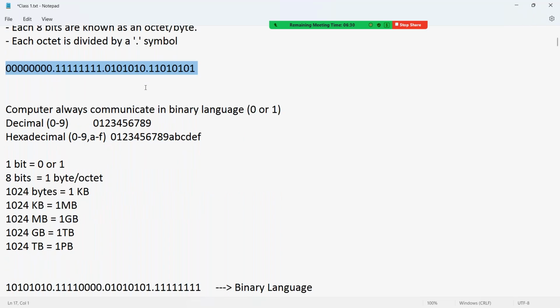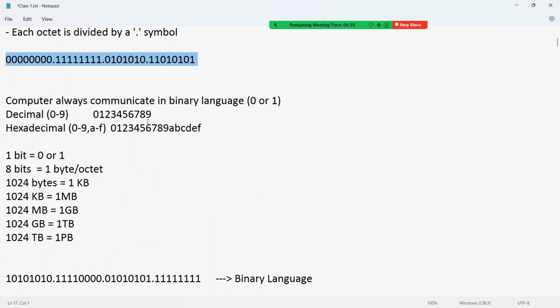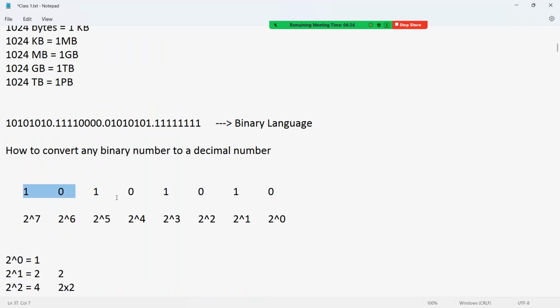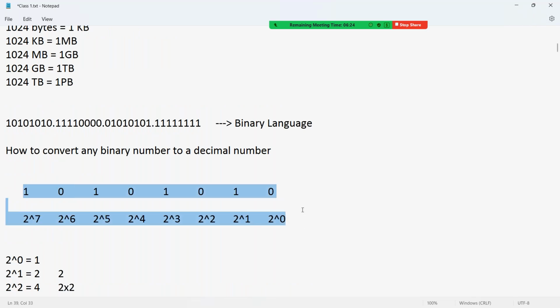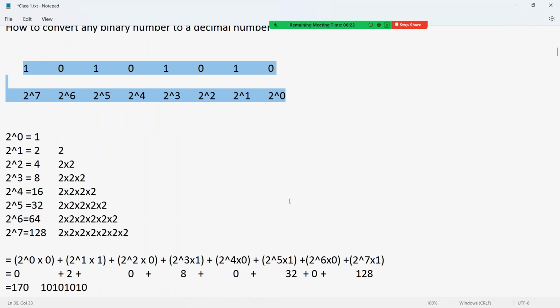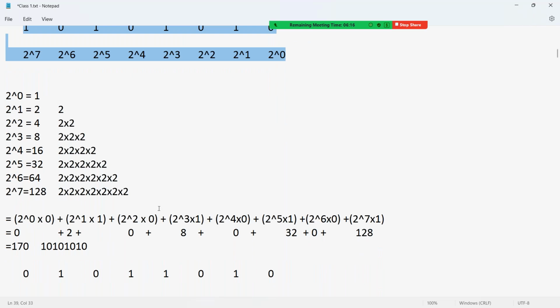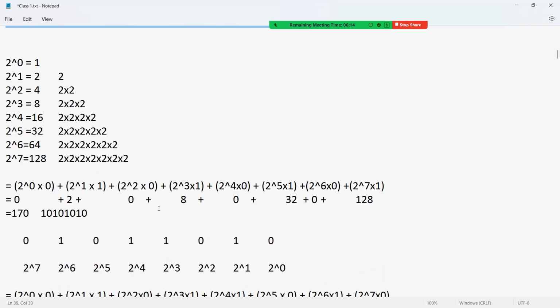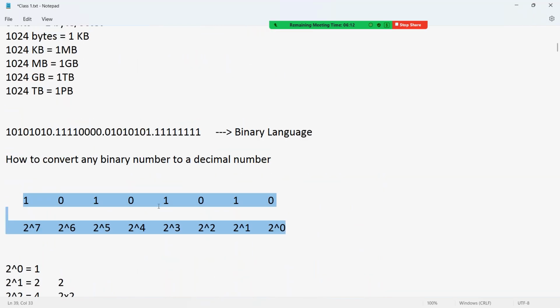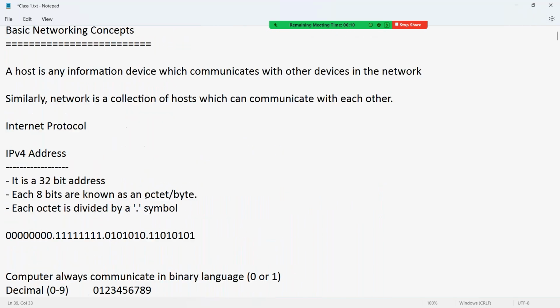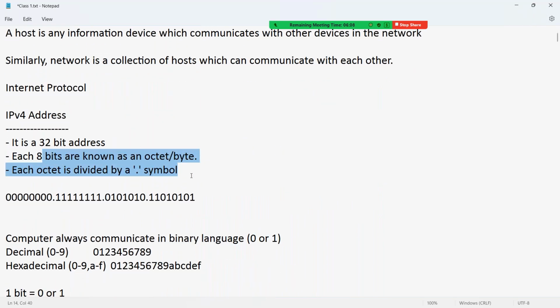Now this is binary language. What we have seen is how to convert this binary to decimal as well. You can go through the recording for that. Quite a lengthy procedure, but easy to follow. Just before that, I explained what IP addresses look like and their properties.